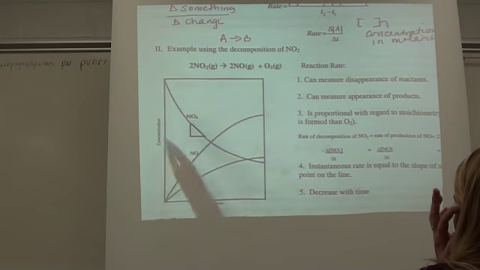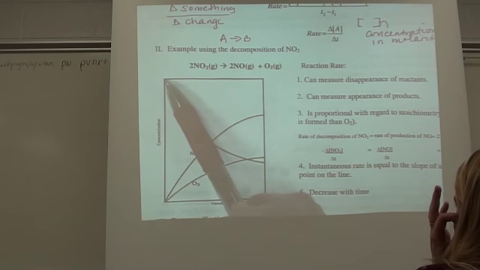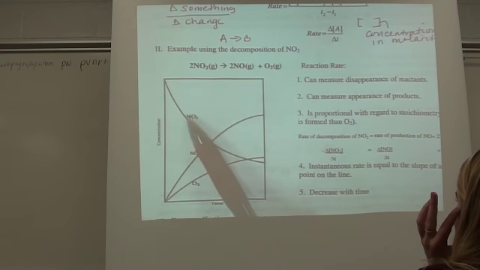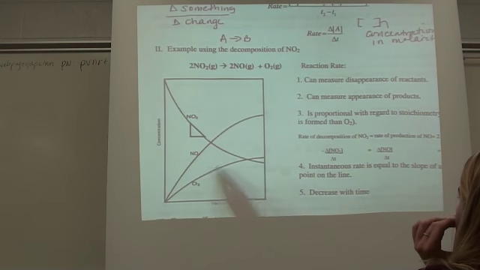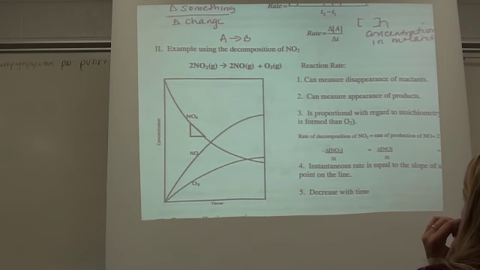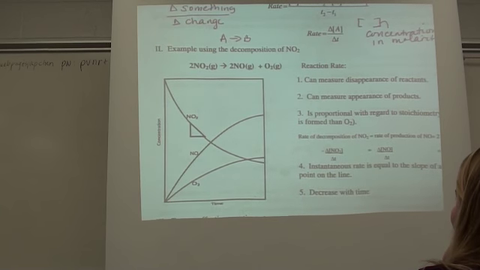There are no products. As time goes on, more of the reactant decomposes while the product forms. So to measure the rate of this, you could either measure the disappearance of the reactants or measure the appearance of the products.